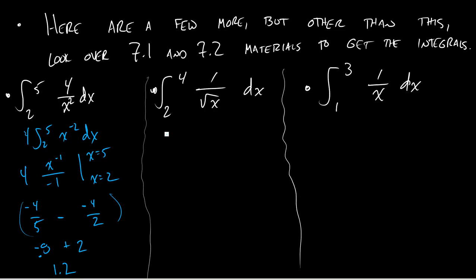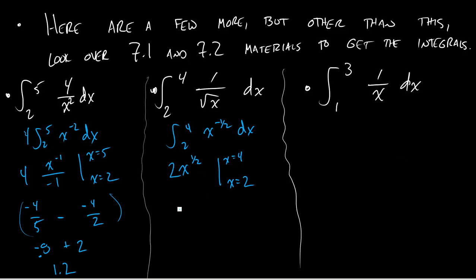Next one. This kind of looks like a tricky one, but it's actually not too bad. 1 over the square root of x is x to the negative 1/2 dx, and you'll just want to use your power rule here. So we'll have x to the 1/2 over 1/2, from x equals 2 to x equals 4. Probably want to simplify this as 2x to the 1/2.